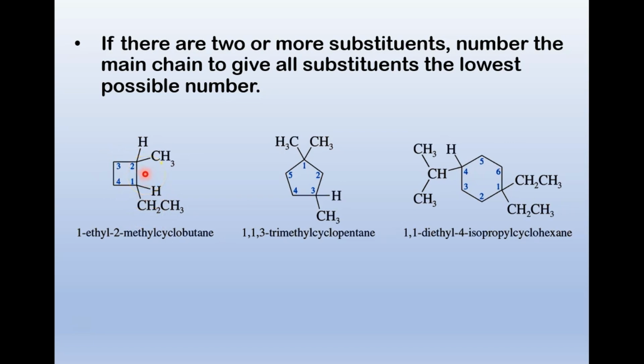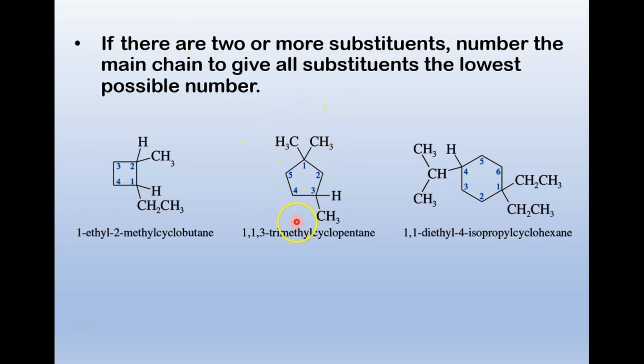We want to get the lowest numbers possible. I would start this 1 here, thinking to myself, alphabetically, we're going to go ethyl before methyl. So I'm going to start numbering the ring here, number 1, and then go around this way, counterclockwise versus clockwise, to make this 2 instead of a 4. So we properly name this 1-ethyl-2-methylcyclobutane.